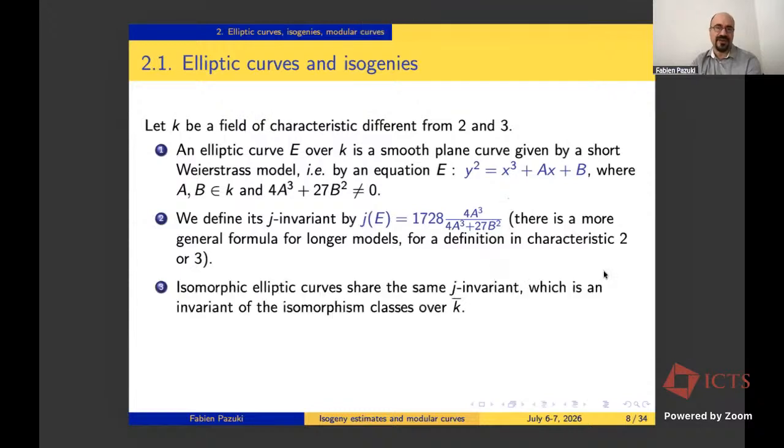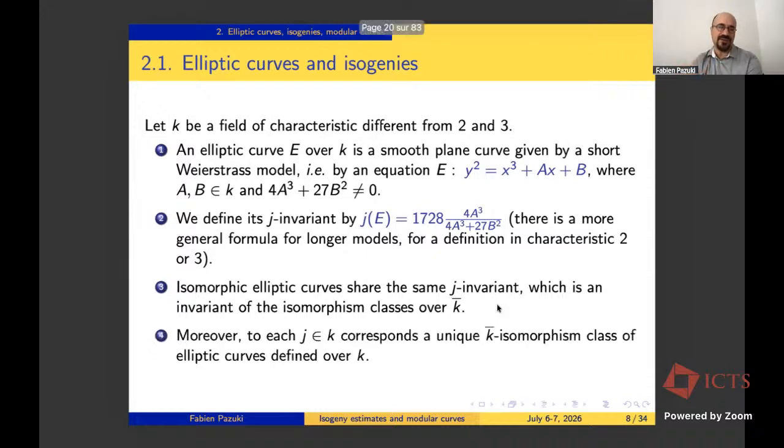The J invariant is called the J invariant because it stays constant in the isomorphism classes. The isomorphisms, you can take them even over K bar, so this is a geometric setting. And it's a little bit more than that. This J invariant also satisfies the following moduli property. If now I pick a number in K, there exists a curve E such that the J invariant of E is actually equal to the element I started with.